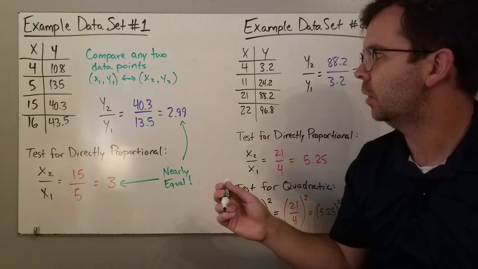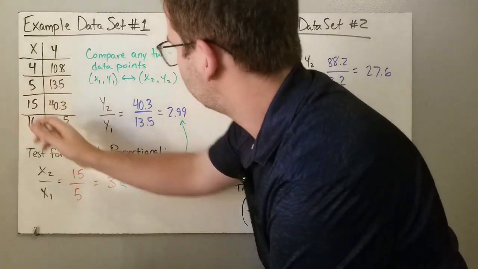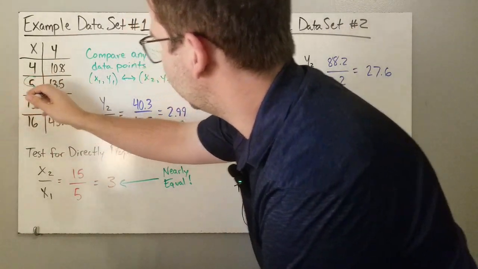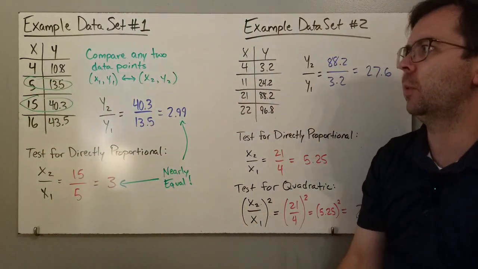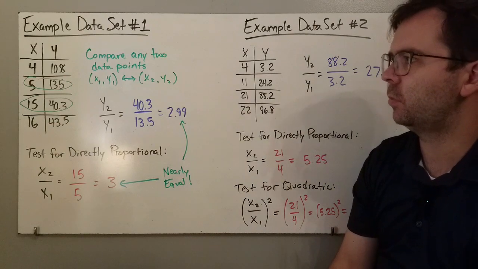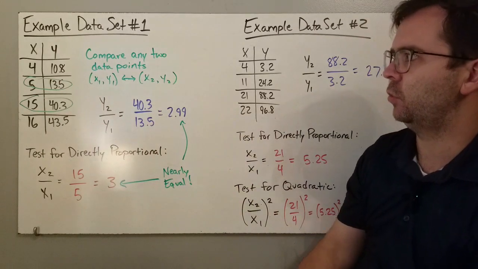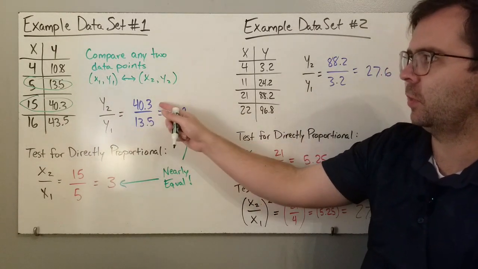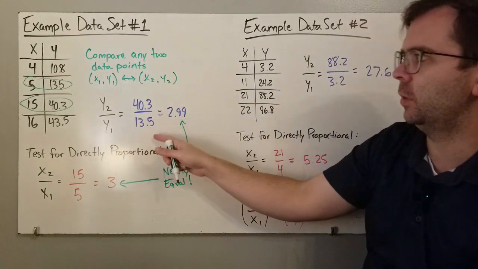So for our 2 data points here, I'm going to pick 5 and 13.5 and 15 and 40.3. And I want to see, as I increase the x, how does the y value change? So the y value changes by this ratio. We take y2 over y1, 40.3 over 13.5.